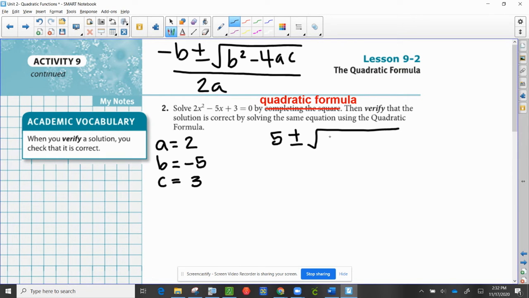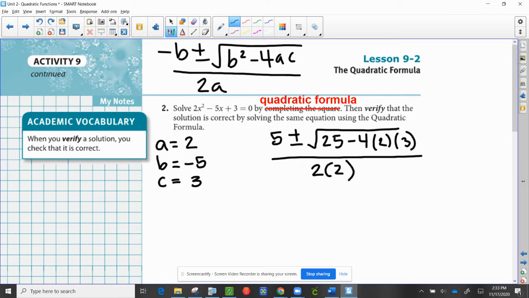So 5 squared, that's 25. 25 minus 4 times the a term times the c term, all over 2a. So 2 times 2.